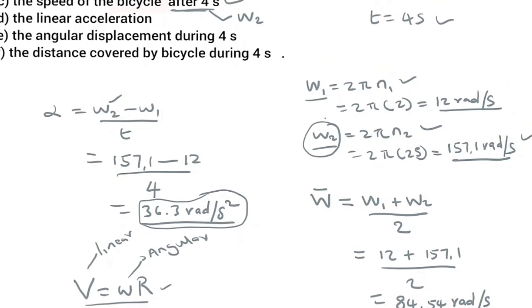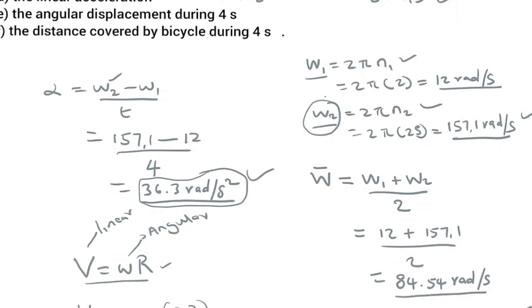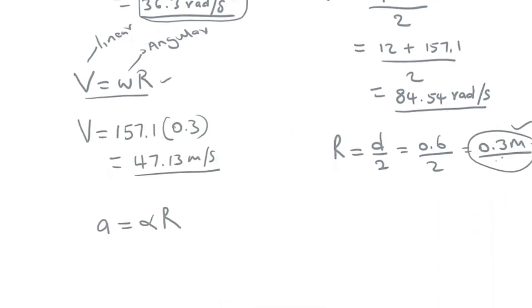So 36.3 times 0.3, and the answer you get is 10.839 meters per second squared. That is the linear acceleration.